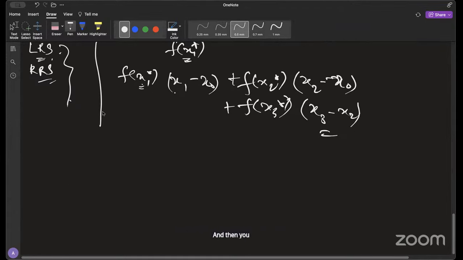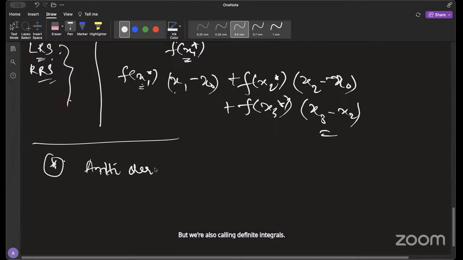And then you have antiderivatives. So next up we have antiderivatives, which are also called indefinite integrals. Antiderivatives are basically, let's just say we're discussing the antiderivative of f.